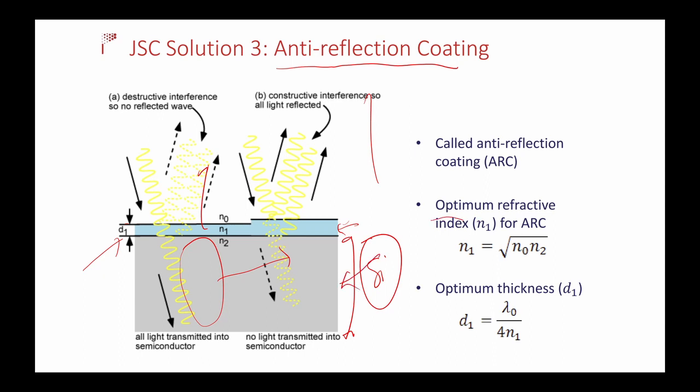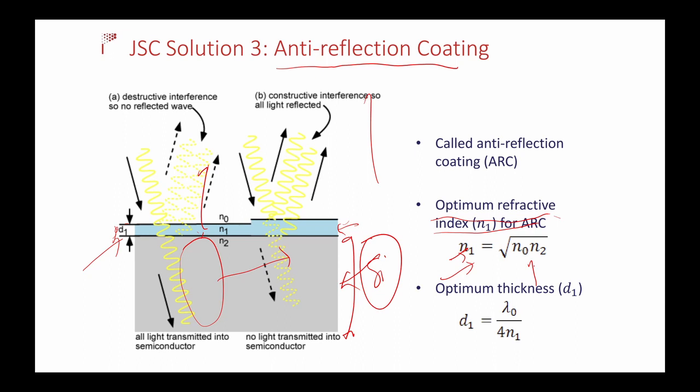And there is a formula for the optimum refractive index: how much the refractive index n1 should be. n1 is the refractive index of the material that should be coated over it, and d1 should be the thickness of the material.